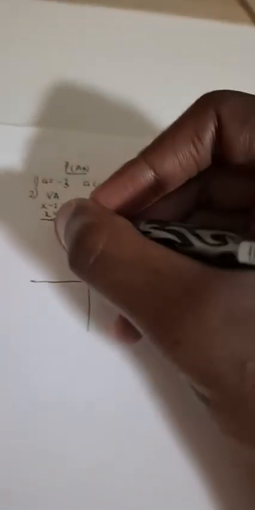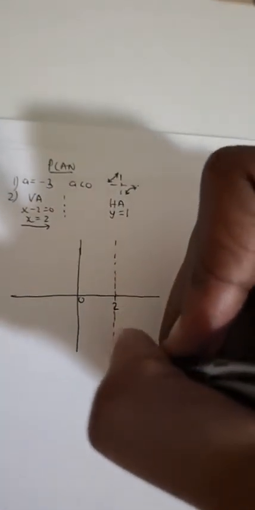Since it's x is equal to 2, vertical asymptote means vertical line, so we use our ruler and draw a broken vertical line and label it x is equal to 2. That's our vertical asymptote. We've sketched it.